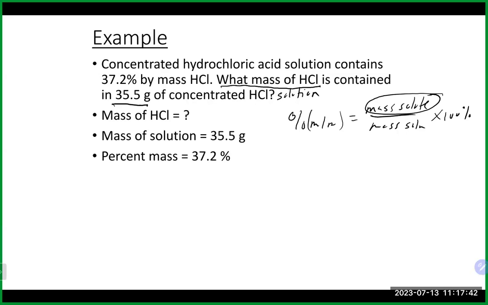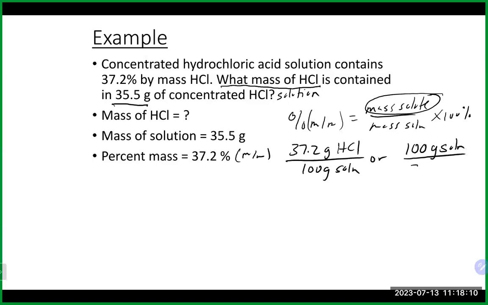Now you could just plug and chug into that equation, or if you wanted to, because you were given the percent by mass here, or mass percent, you could turn that into a conversion factor. So I'm going to do that. 37.2% means I have 37.2 grams of HCl in 100 grams of solution. Or if I needed to, I could flip that conversion factor around. 100 grams of solution would give me 37.2 grams of HCl.